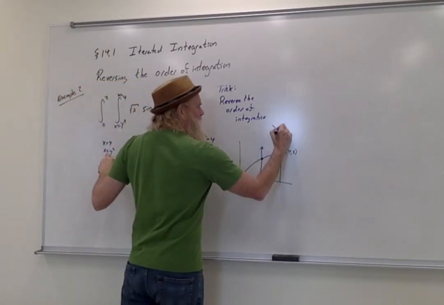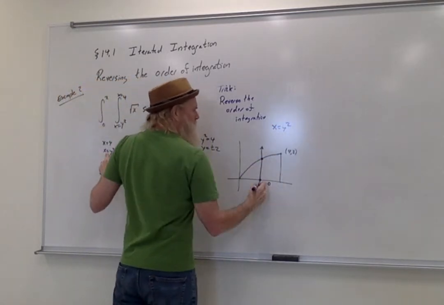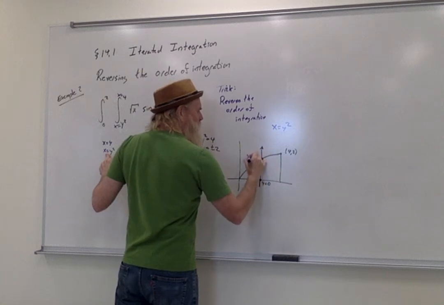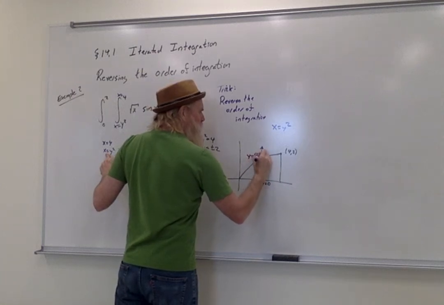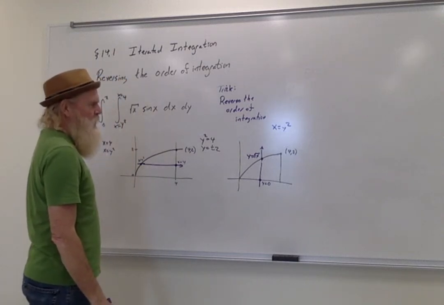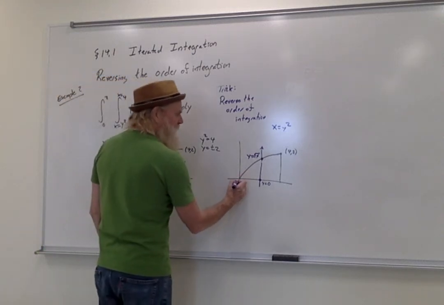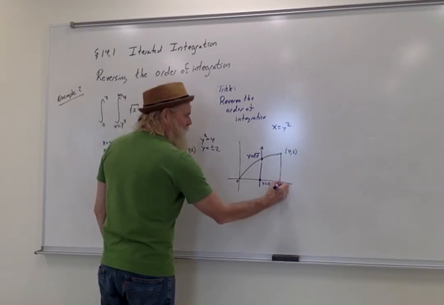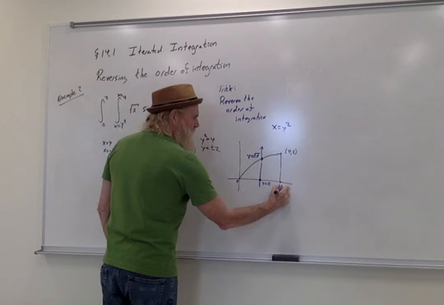The top curve is x equals y squared, but if I rewrite in the form y equals, that's y equals square root of x. So I'm going to integrate from y equals 0 to y equals square root of x. The smallest value of x in this region is 0. That happens here. The largest value of x is going to be 4.